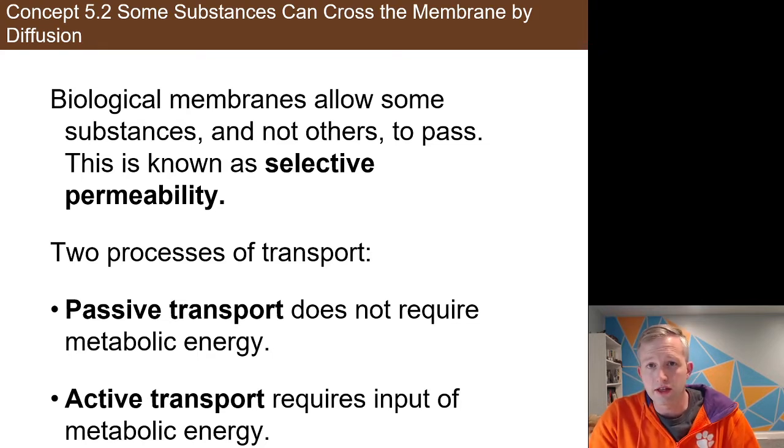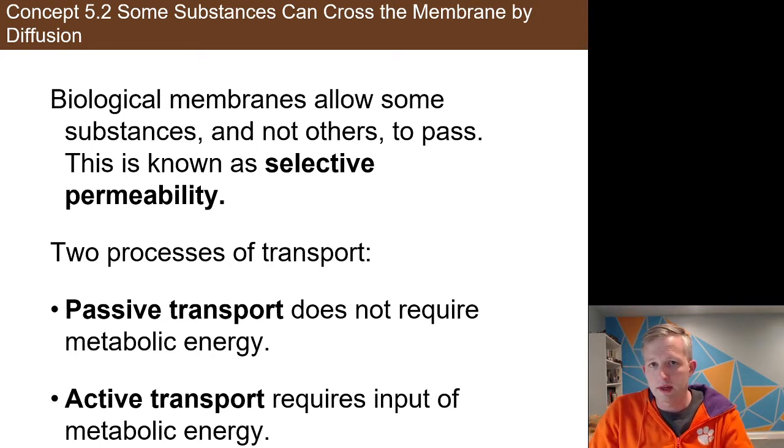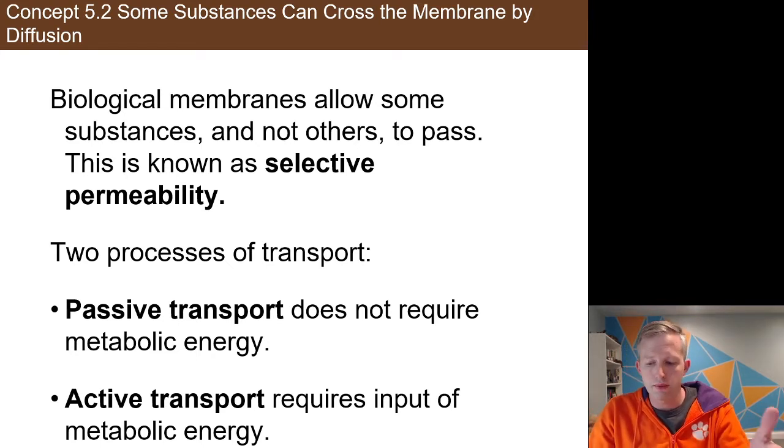Otherwise, this section is primarily review, and should hopefully come back to us pretty quickly from earlier biology classes. In the previous section, we talked about the membrane, which is selectively permeable, meaning it's permeable to some things, but not others.